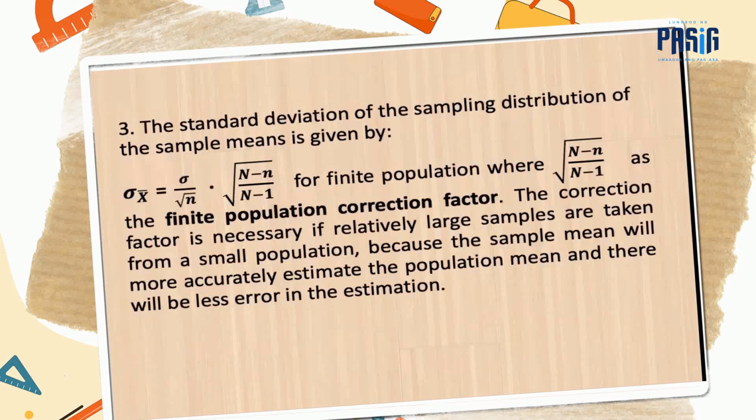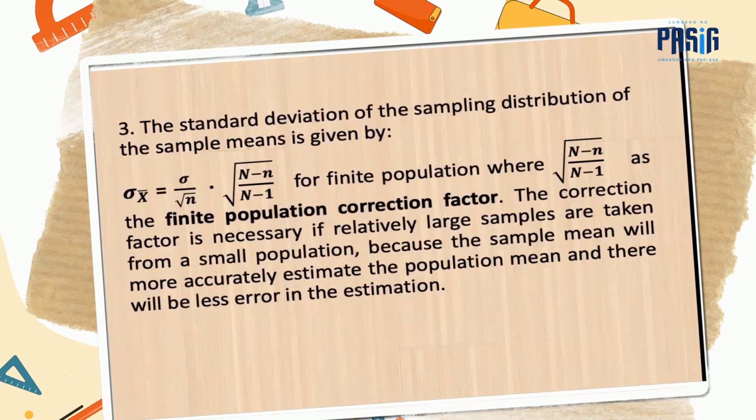The standard deviation of the sampling distribution of the sample means is given by the formula sigma over the square root of n times the quantity square root of big N minus small n all over big N minus 1 for finite population, where the square root of big N minus small n all over big N minus 1 is the finite population correction factor.